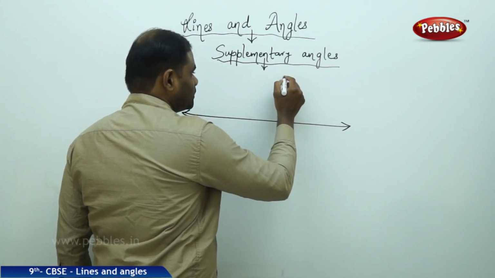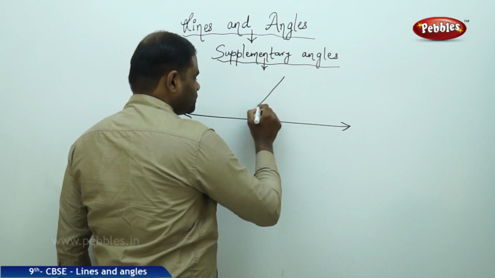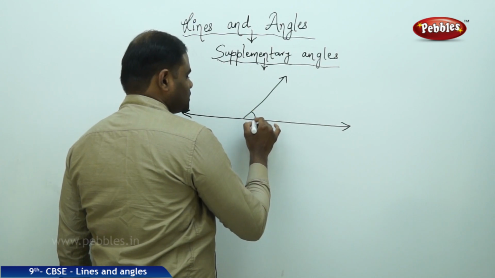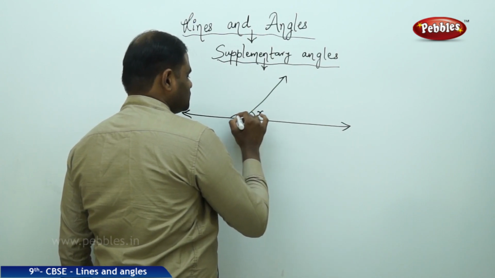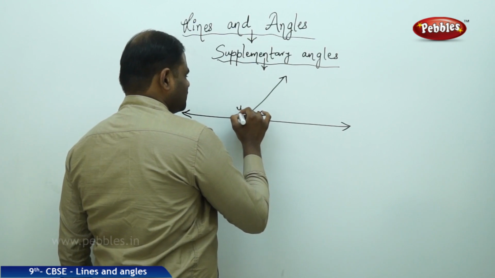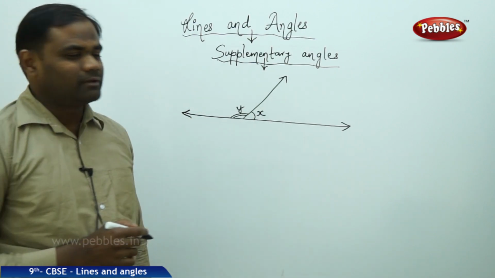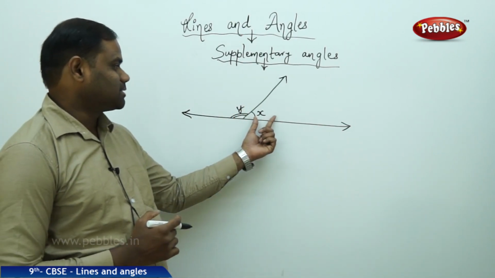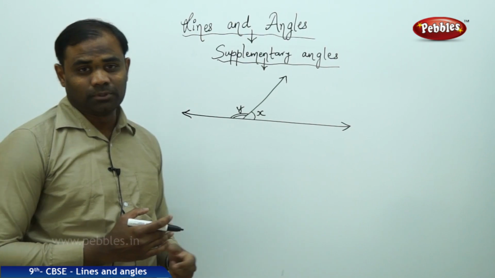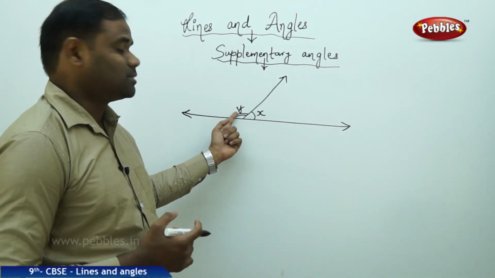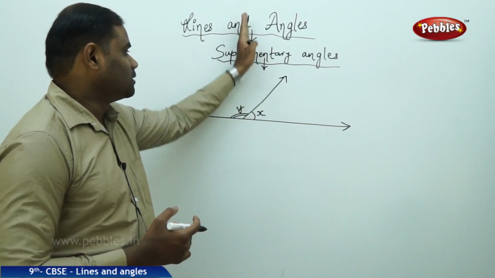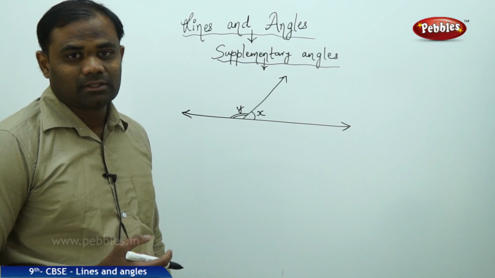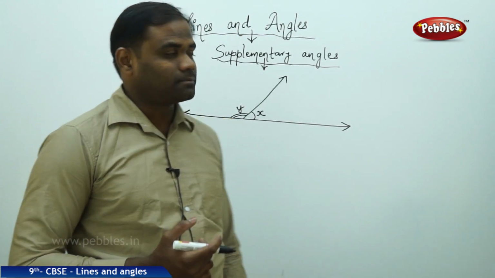Therefore, I have this line which cuts these two angles, say this is angle X, and this is angle Y. Clearly angle X is acute and angle Y is obtuse, because this is less than 90 and this is more than 90, as can be seen with an imaginary perpendicular line. X is acute, Y is obtuse.